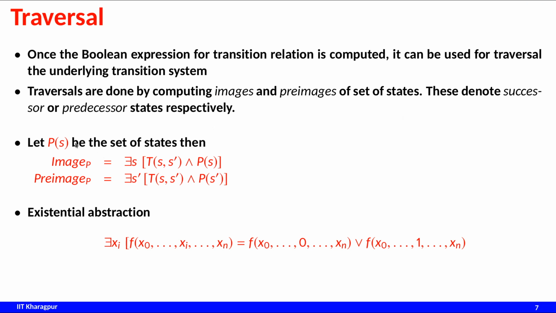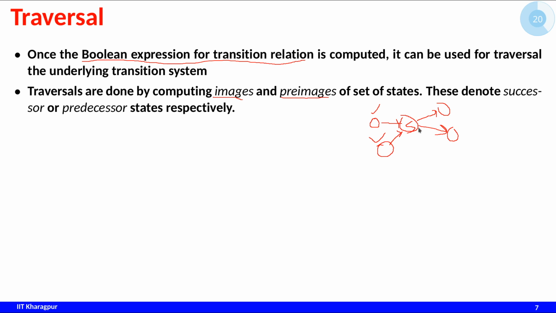Let's say we have been given a set of states PS, and we would like to compute the set of states that are reachable from the given states. So we have been given this S and we would like to find these states.